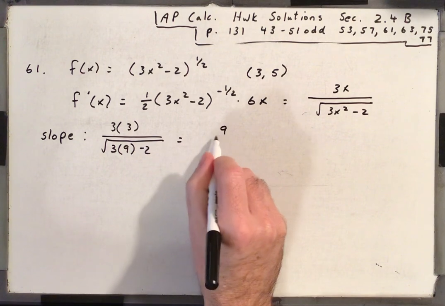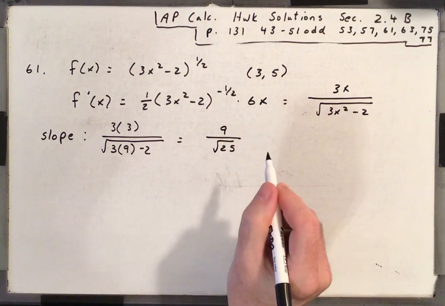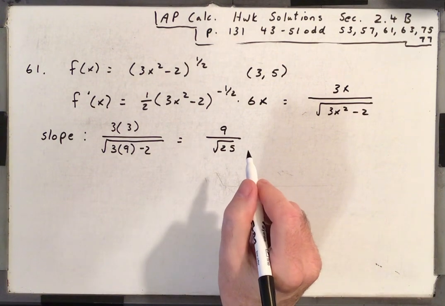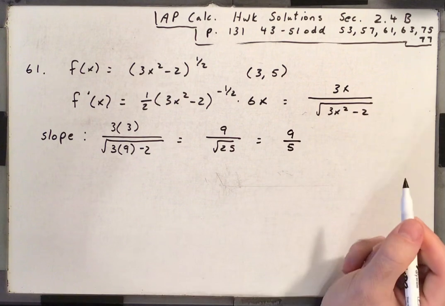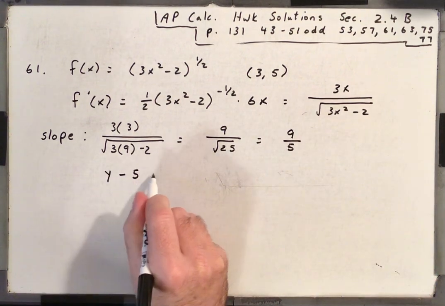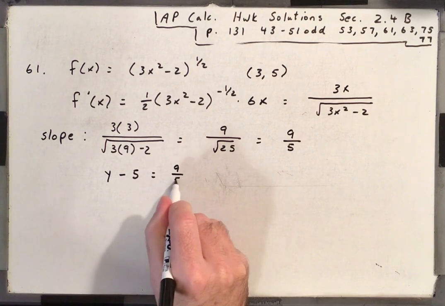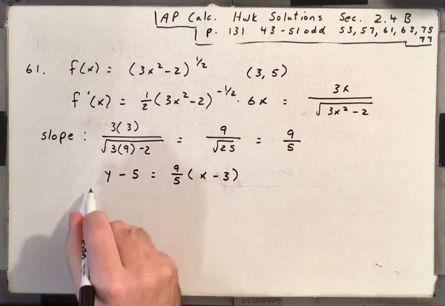That's going to be 9 over the square root of 25. Okay, so I'm getting 9/5 there. That's our slope. So we have y minus 5 is equal to 9/5 times x minus 3.